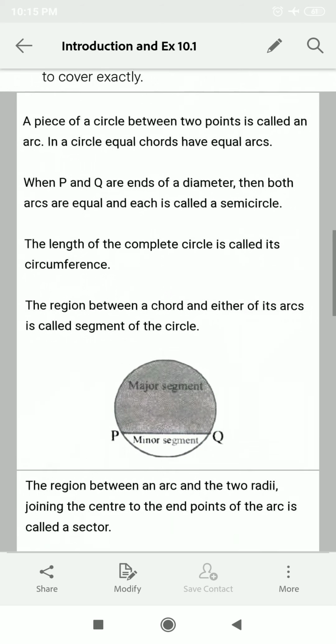And if they are not equal, the smaller arc is the arc PQ, and the bigger arc you can represent as PRQ. The region between the chord and either of its arcs is called a segment of the circle. The area covered by the chord and the bigger arc is known as the major segment, and the area covered under the smaller arc and the chord is known as the minor segment.